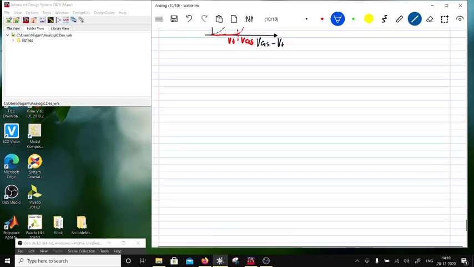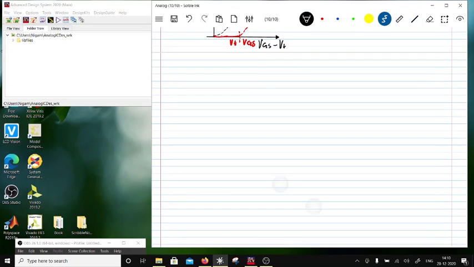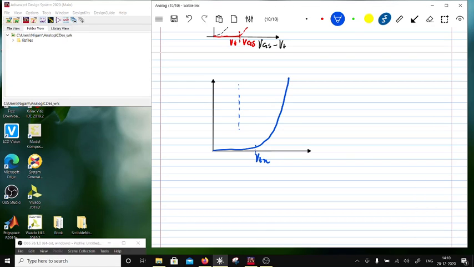Okay. Let's draw this again on this page. Okay. So this distance is VTN. Okay. So if I consider region far away from VTN, so this is VGS, and this side is IDS.